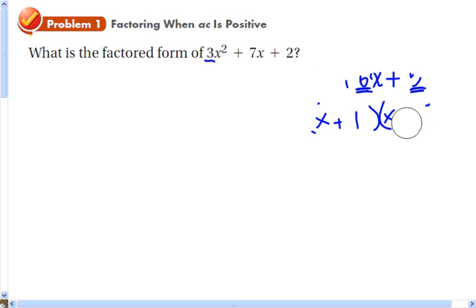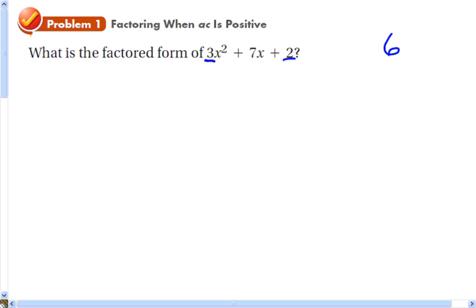Now we're looking for two numbers that have a product of what these two coefficients are multiplied together, which is 6, and have a sum of 7. So we're looking for two numbers that multiply together equals 6, so it's either 1 and 6 or 2 and 3. And then they have to have a sum of 7, so in this case 1 plus 6 is 7.